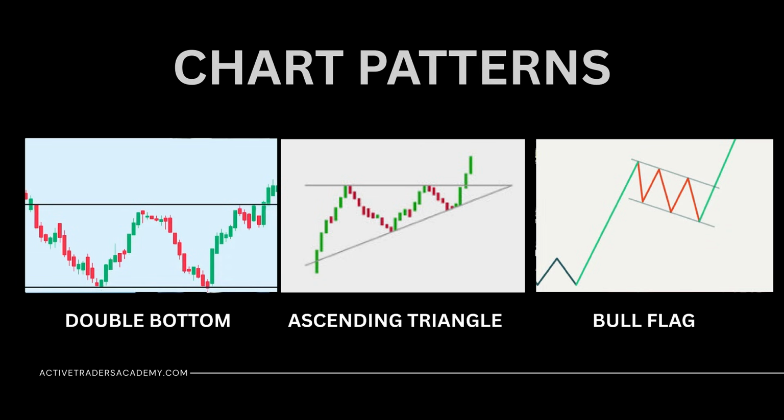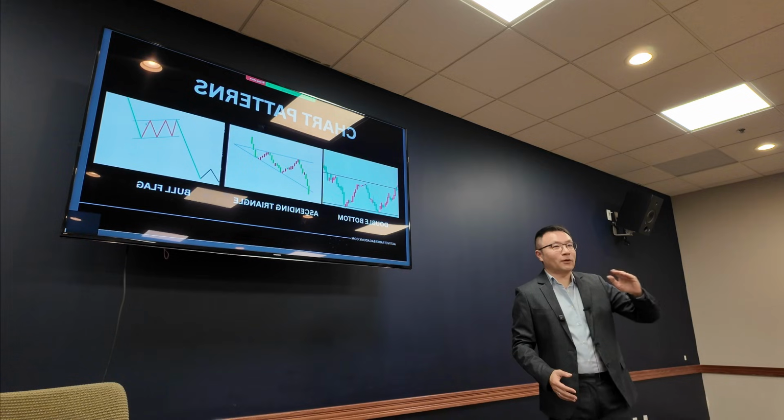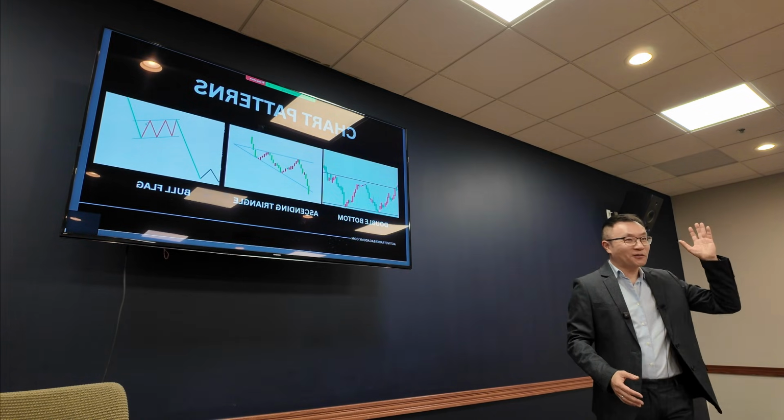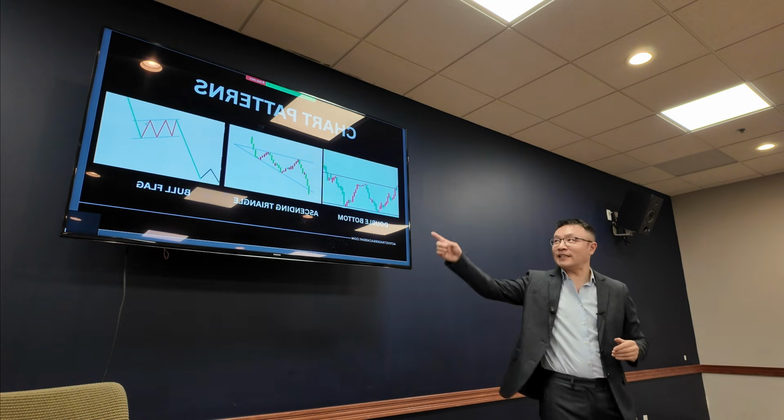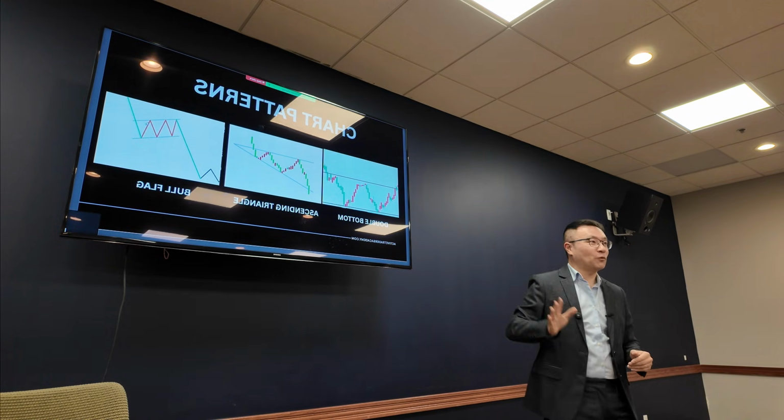And bull flags: a very strong move up, maybe on some particular news or catalyst, and then it consolidates, ready for the next move. So let me ask you, are chart patterns 100% guaranteed? Once you see a bull flag, will it go higher?